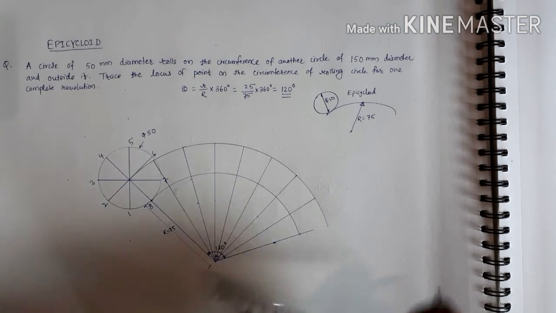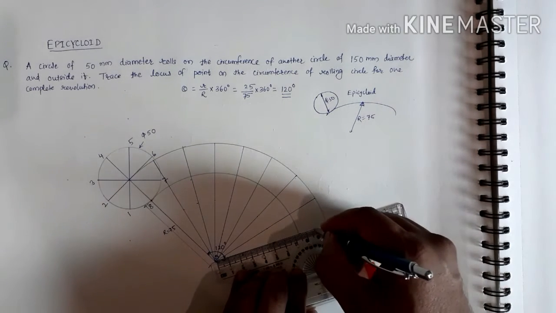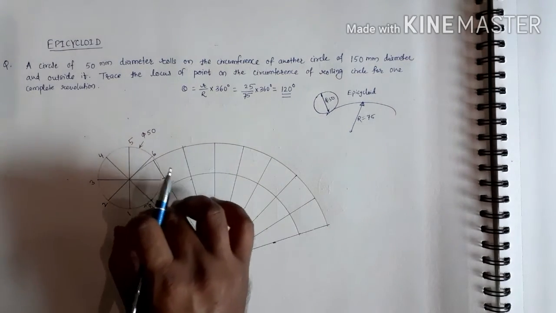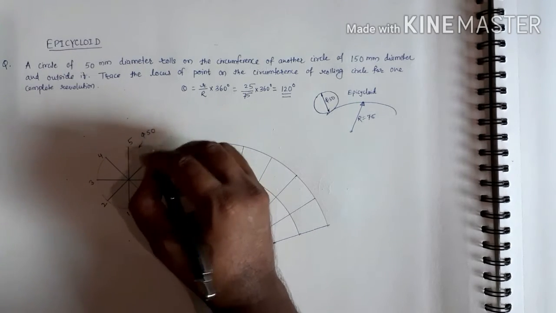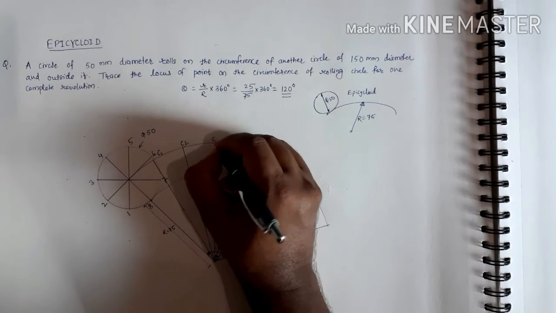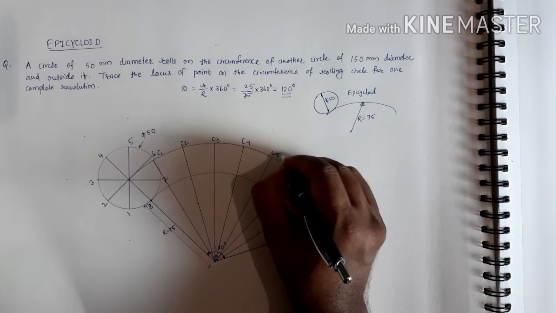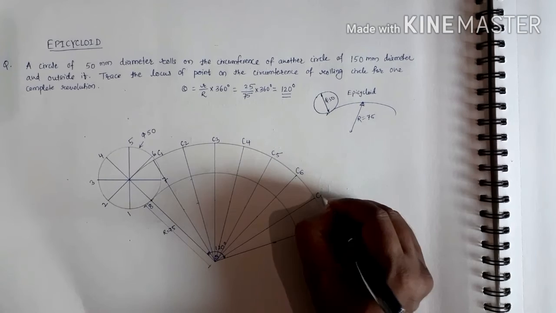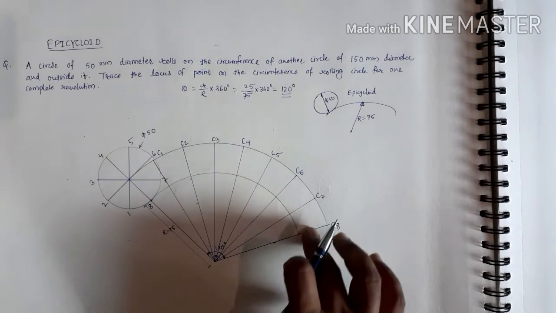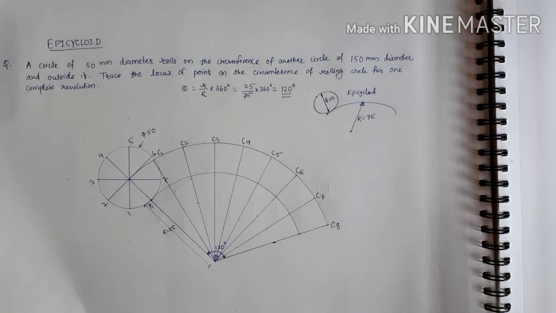Now name all the points which intersect the arc as C1, C2, C3, C4, C5, C6, C7 and C8. These are the points after cutting the arc in 8 parts.